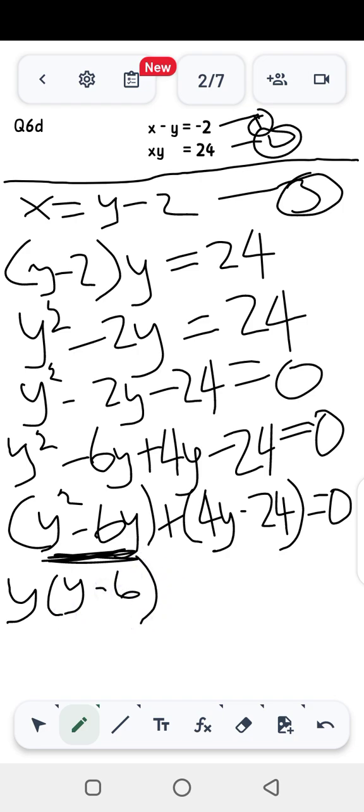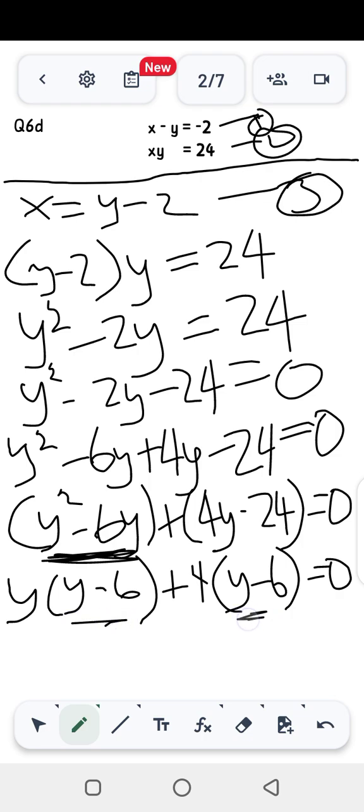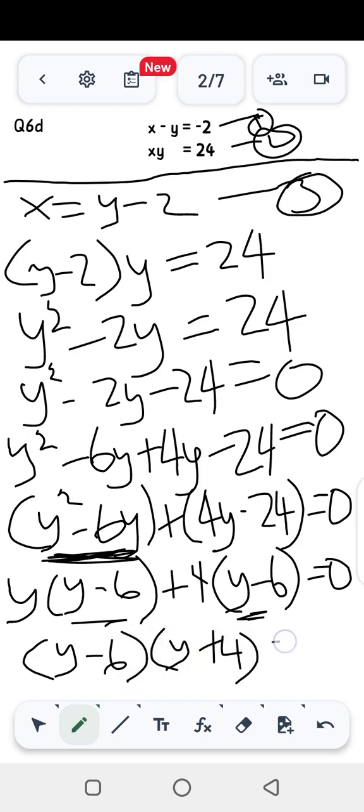On this side, 4 will be common, so 4 outside, y minus 6, which is equal to 0. So let's factorize again. y minus 6 is common. So you have y minus 6 outside, then y plus 4, which is equal to 0.